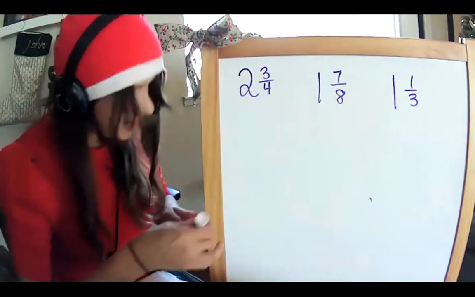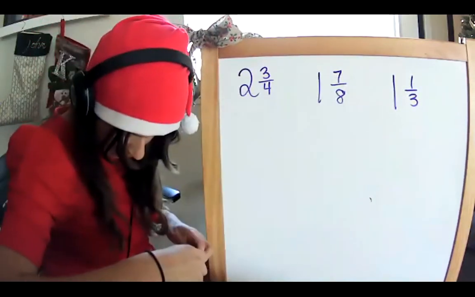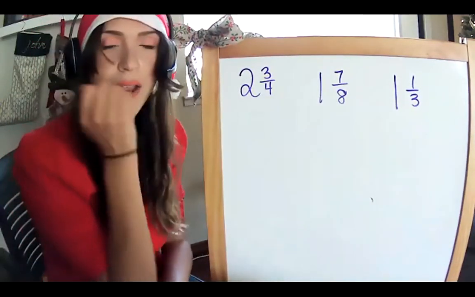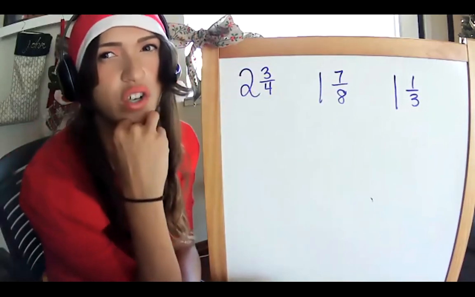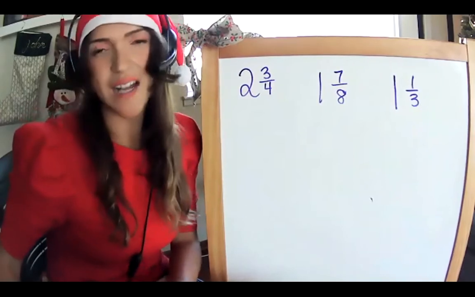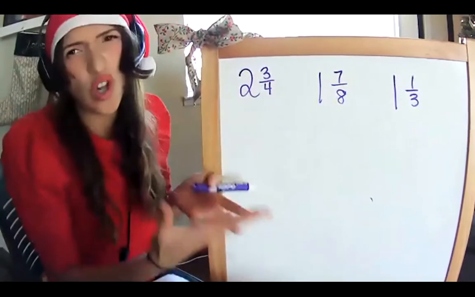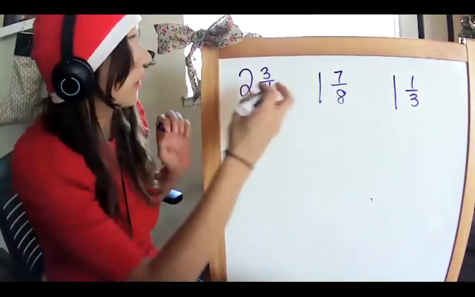If Jessie is hiking all 3 of these trails, how far will she hike? What operation am I going to need to use? Addition, because we're finding the total amount of miles she's hiking. So I'm going to have to add.